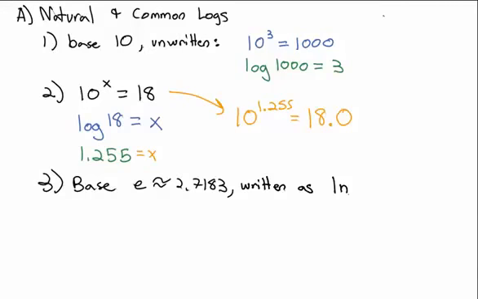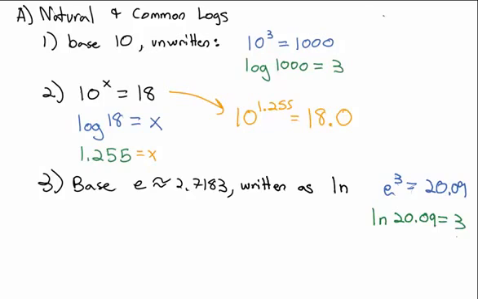So, for example, if we had E cubed, and if we were to figure out what E cubed was, we'd come up with about 20.09, rounded. And we would have changed this into a log. We would use a natural log of the 20.09 would equal the exponent of 3.